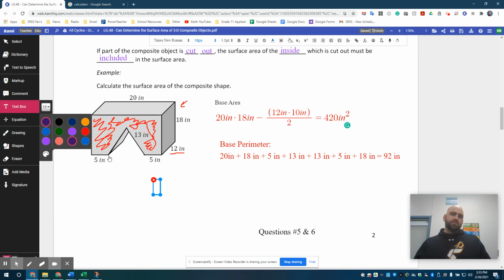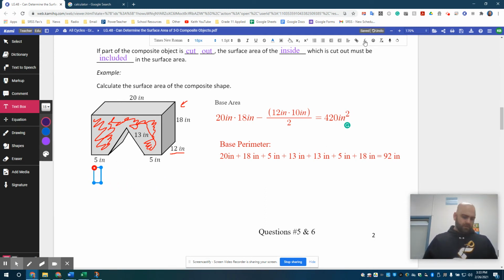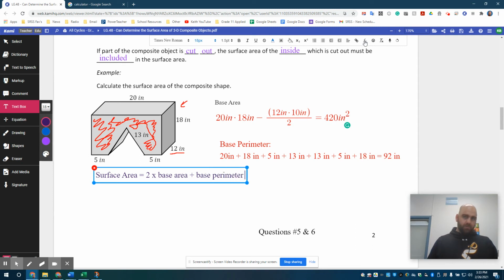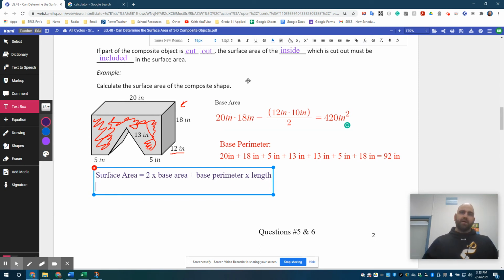Now our formula that we have used a few times already is that surface area is equal to 2 times the base area, which we already found, plus the base perimeter times the length of our object. In this case, the length is 12.